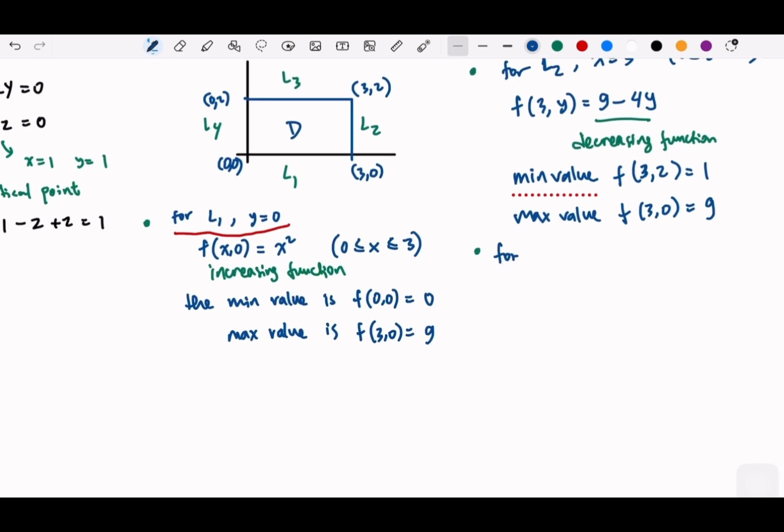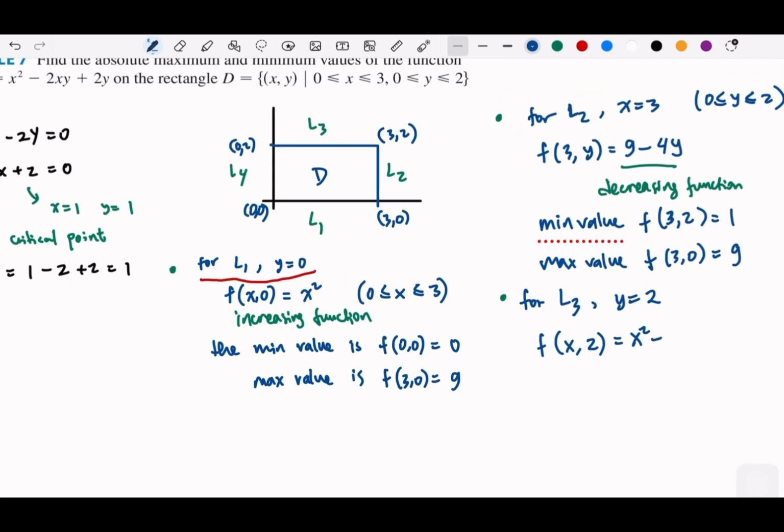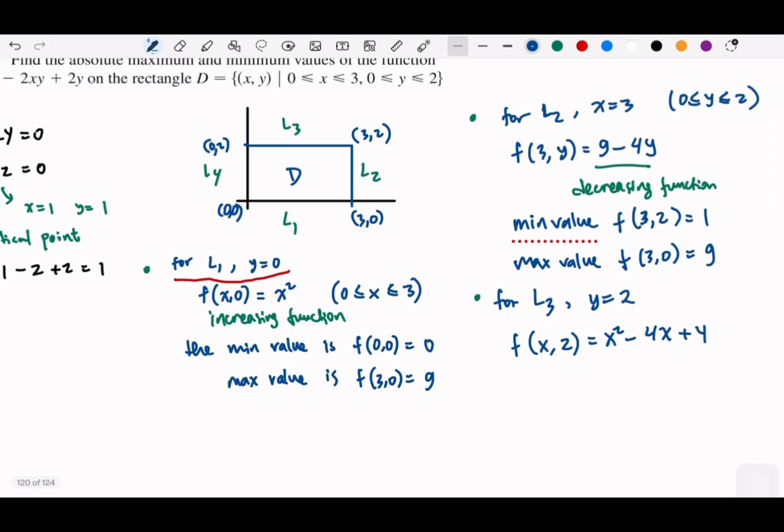Now take L3, where y is equal to 2. So f(x,2) is x squared minus 4x plus 4, with x from 0 to 3.